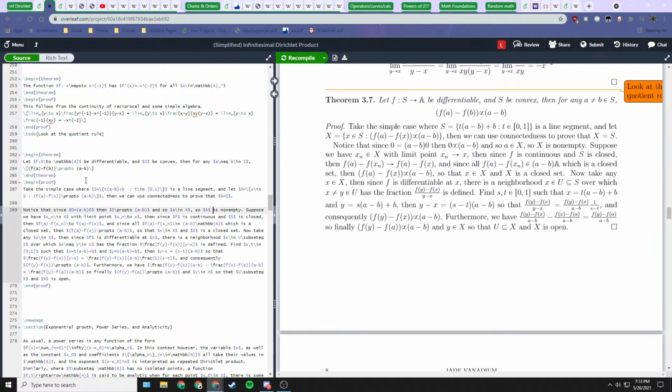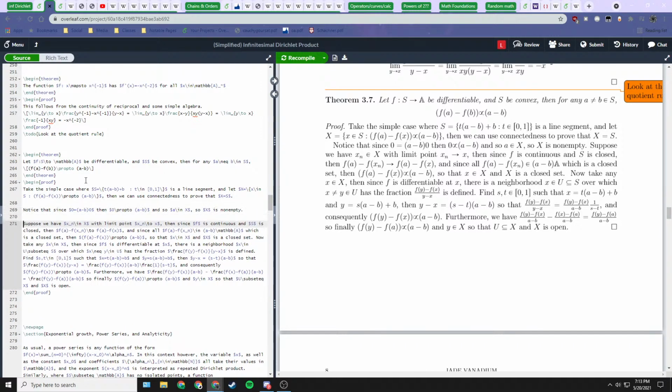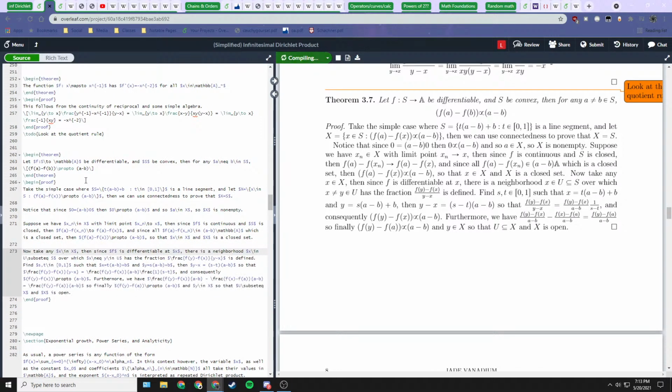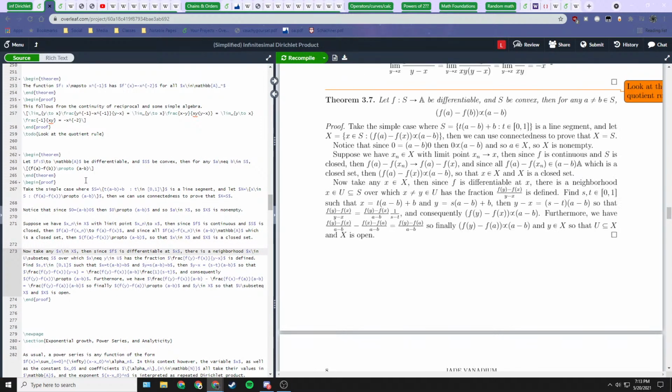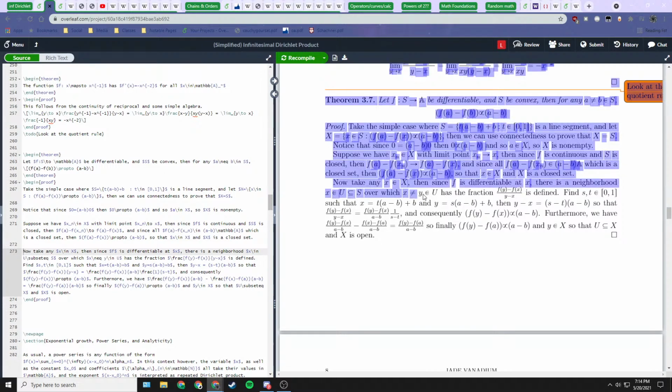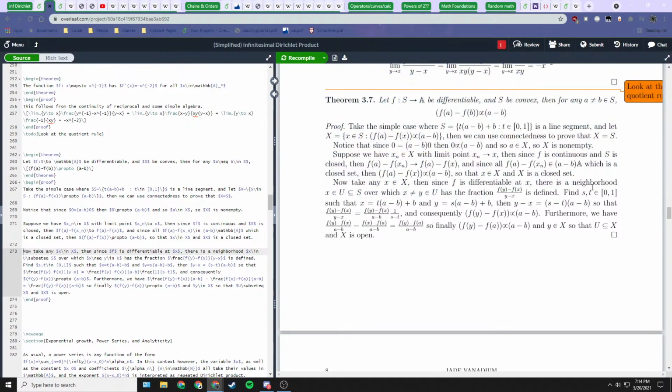First we have this, so X is not empty. Then we have some sequence, so X is a closed set. Now we take x in X, so that F is differentiable, there's a neighborhood over which all of these y have this fraction defined. Then we can find S and T such that this is that, so this difference is this.